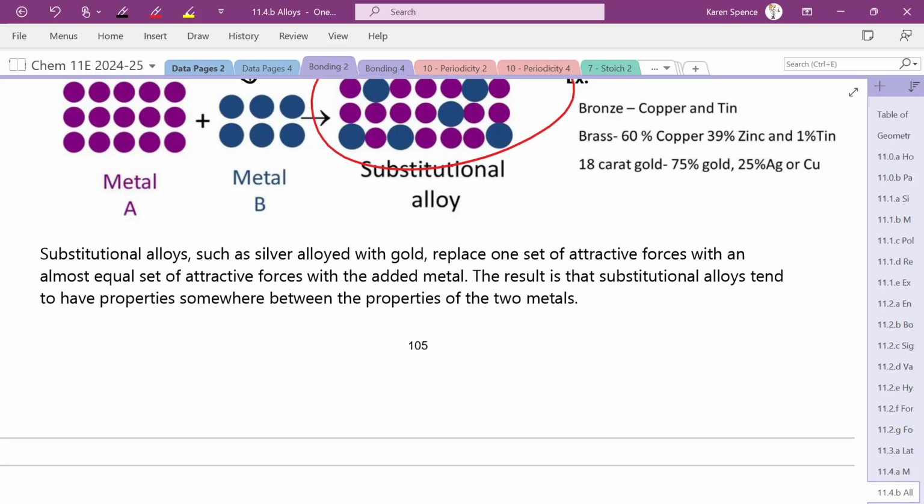Substitutional alloys replace one set of attractive forces with an almost identical set of attractive forces from the added metal. You can get it to be harder if you add in something that has more valence electrons.